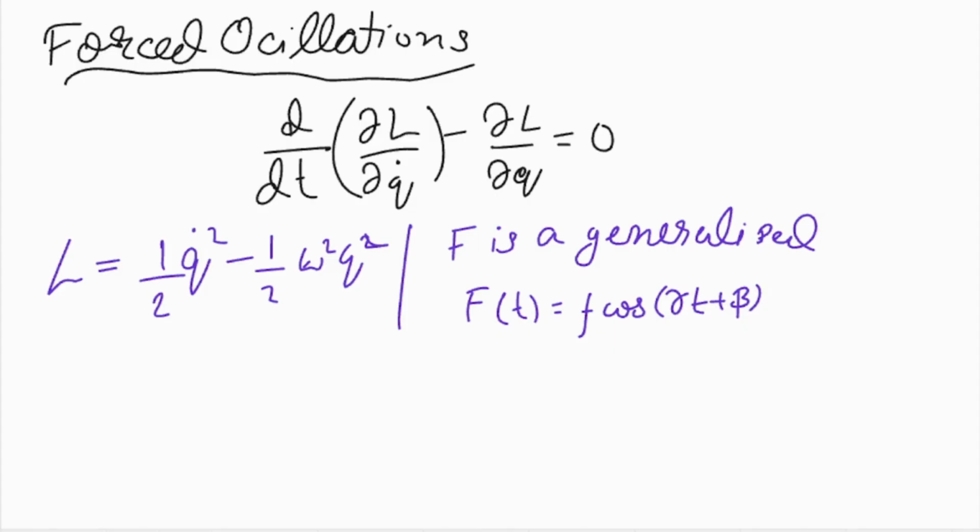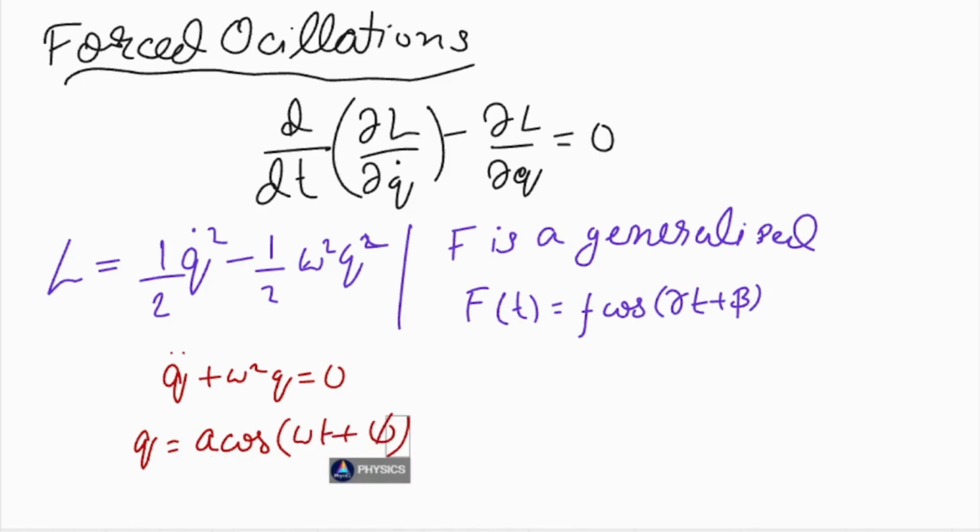Well, now what do we do? See, we know if we have this kind of equation, differential equation obviously, then our general solution is nothing but q equals a cos omega t plus some phase difference phi, right?